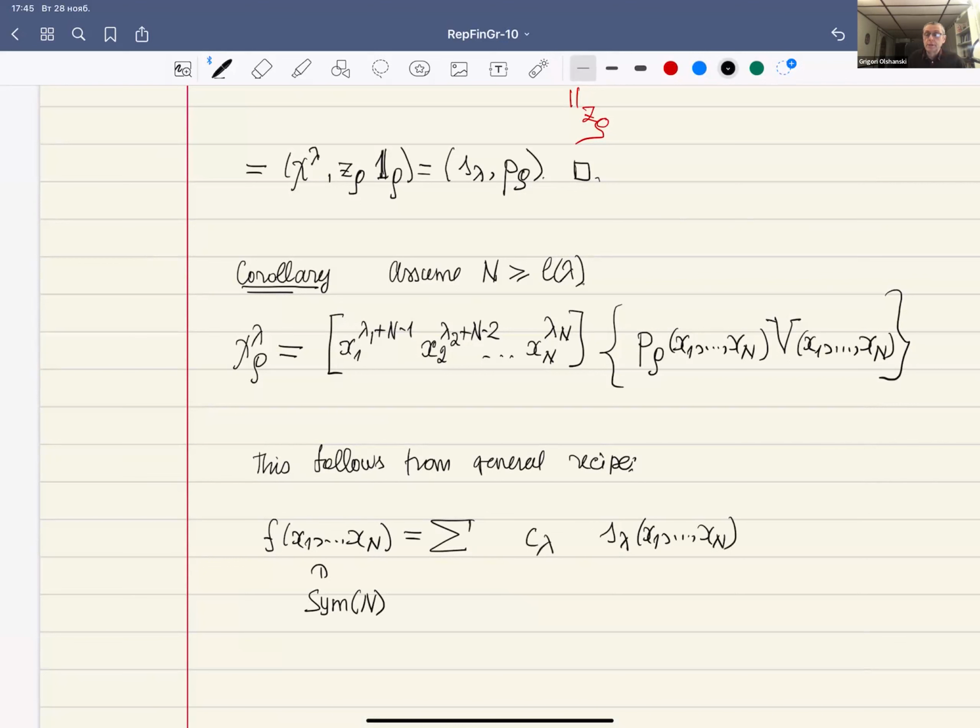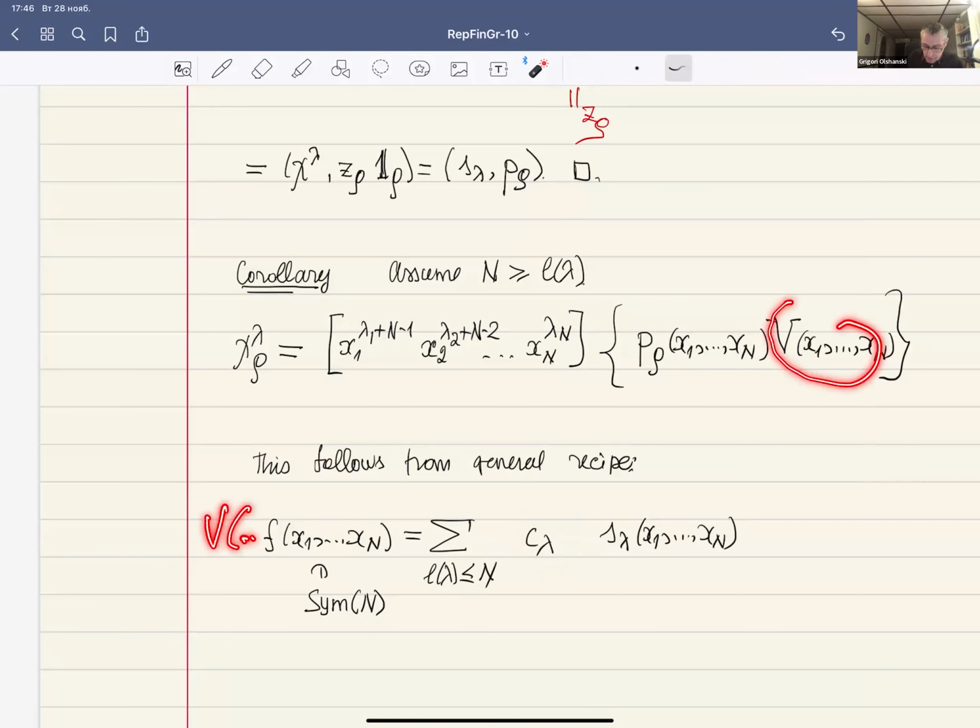We know that such an expansion does exist, but here we have to require that the length does not exceed n. So if we want to extract this coefficient, we just multiply both sides by the Vandermonde.